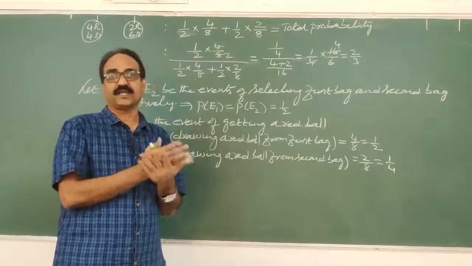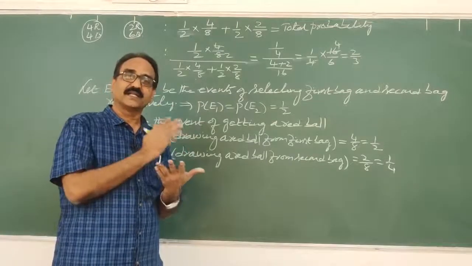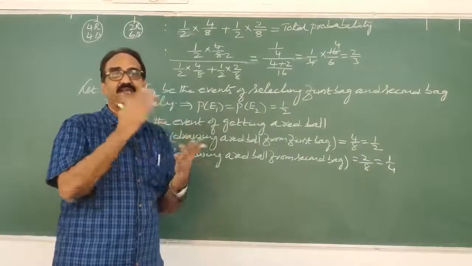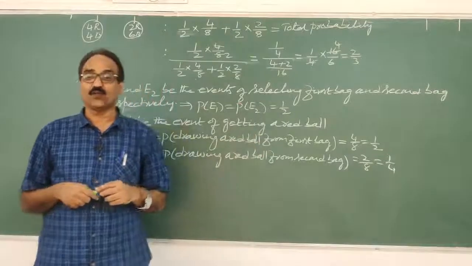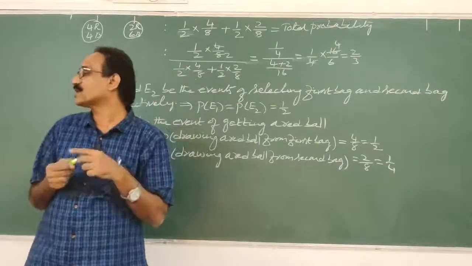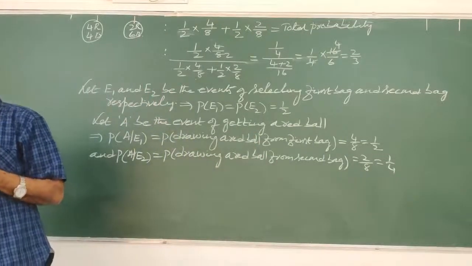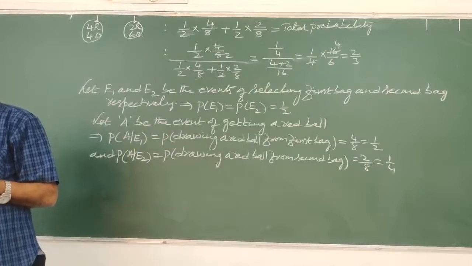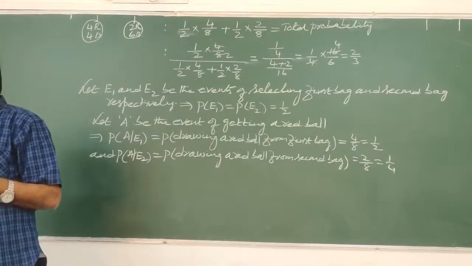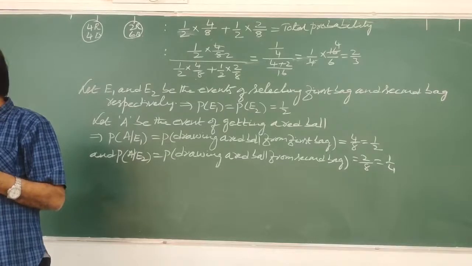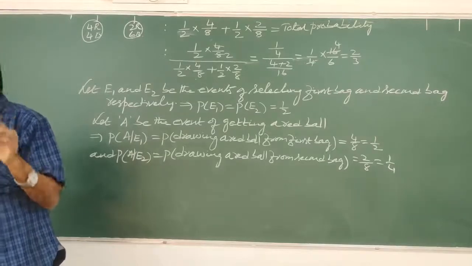What is E1? What is E2? What is A, explained? Then what is A given E1? What is A given E2? Now finally, what you are asked to find out, that you should write. The probability of drawing a ball from the first bag given that it is red.